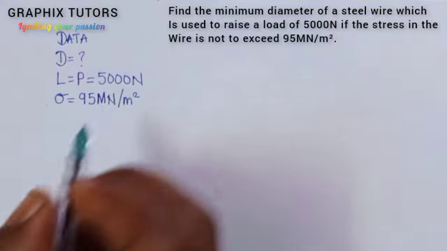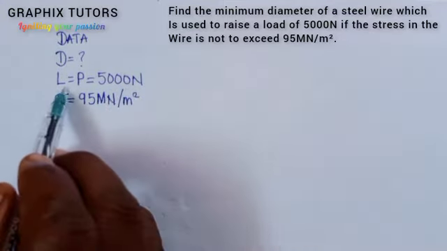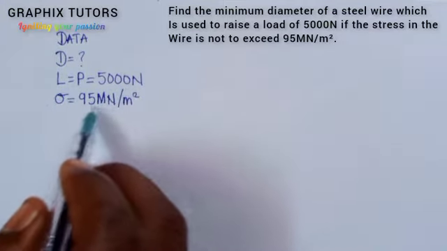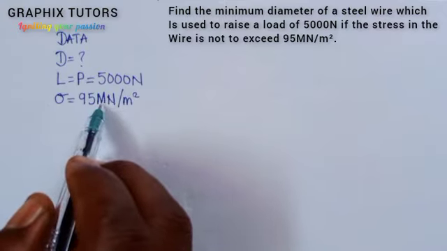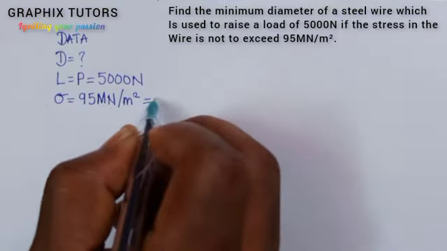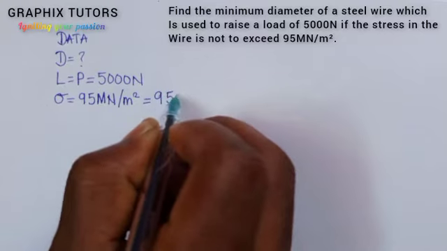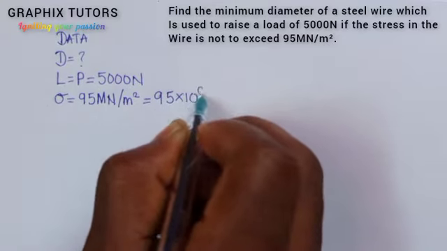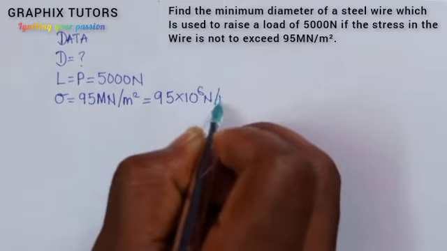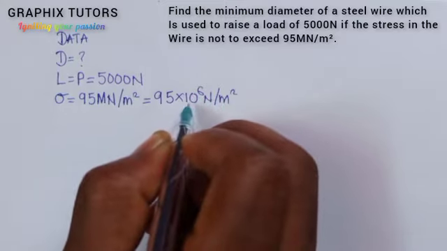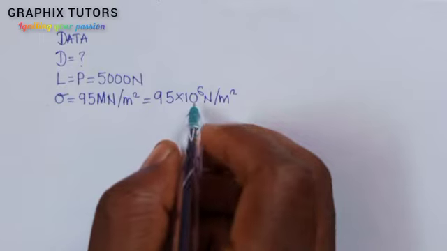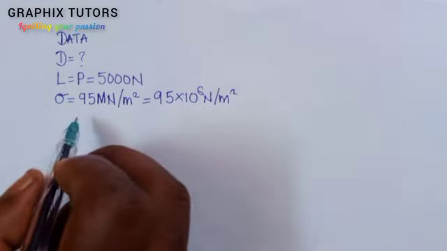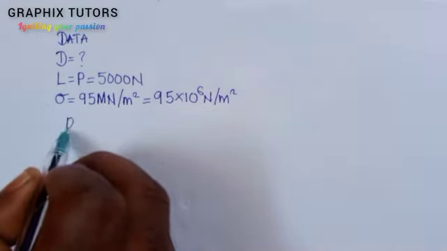Since the load here is in Newton, we have to convert this to Newton. And this is the same thing as writing 95 times 10 to the power of 6 Newton per meter square, because the word mega means 10 to the power of 6.